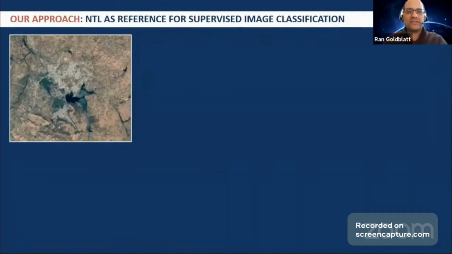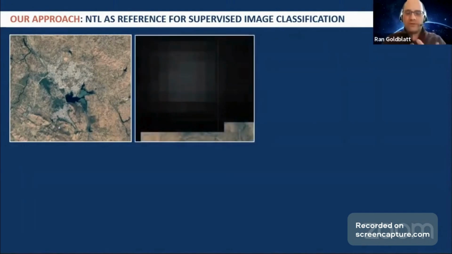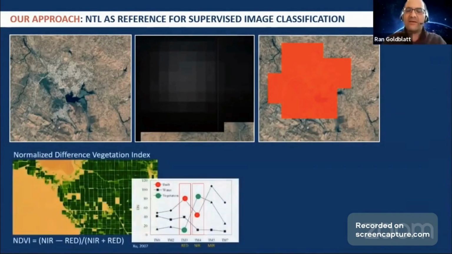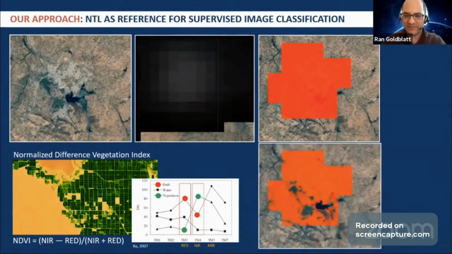So our approach is that we're using nighttime light data to collect reference data for image classification. We take DMSP-OLS, we define a threshold, and I will talk in a bit about how we define this threshold to define a pixel as highly lit. But then, as I mentioned, in any urban areas, there are also areas covered with vegetation or areas covered with bodies of water, which we want to remove from these highly lit pixels.